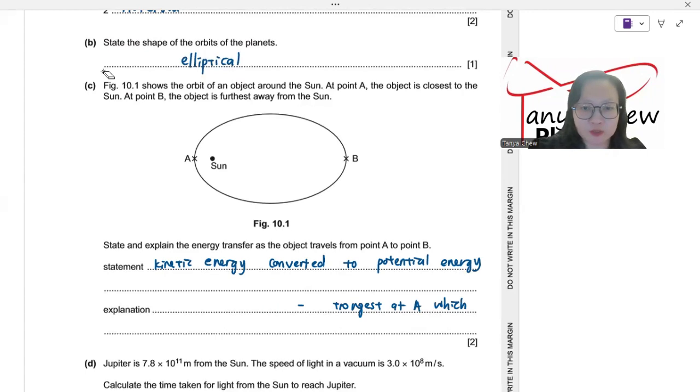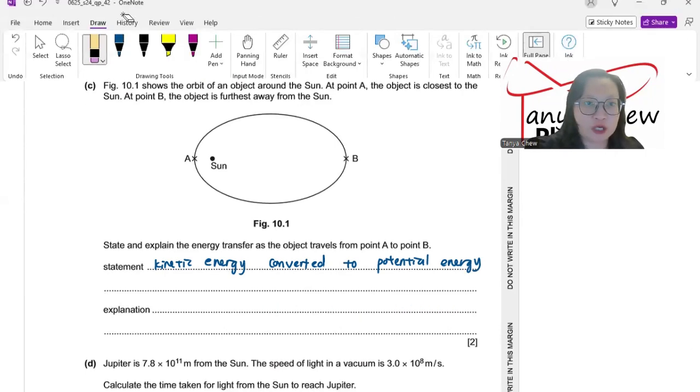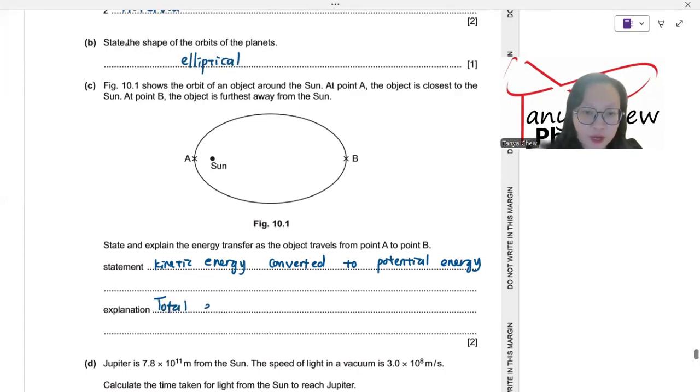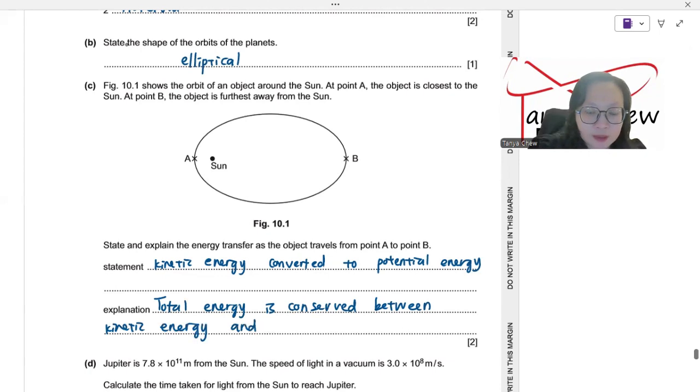I don't want to talk about the force because this is just 2 marks. So I will say principle of conservation of energy. Total energy is conserved between kinetic energy and potential energy.